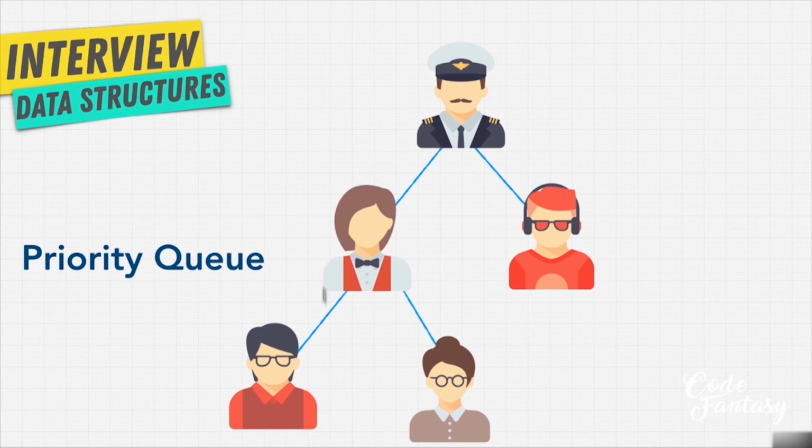So we see how everything gets balanced, which is nice, but it's also really, really easy for us to now let people into the airplane because we know the order. We go from the top, then left, then right, then left, then right, left, right, and we just keep going. We know the priority very easily. I'm sure you see where this might be useful in a lot of situations.